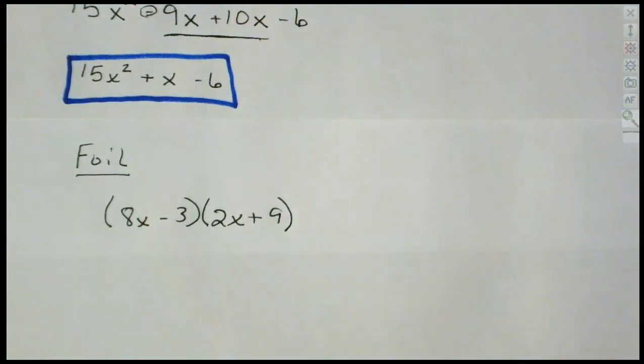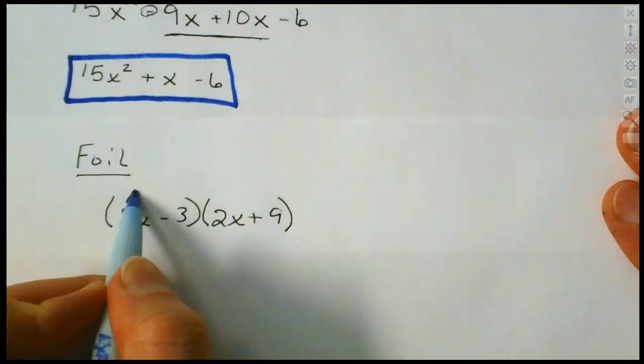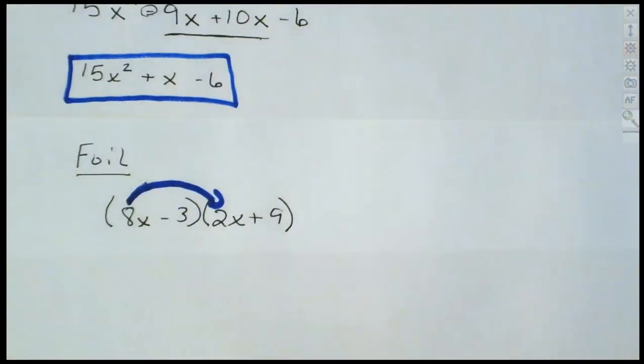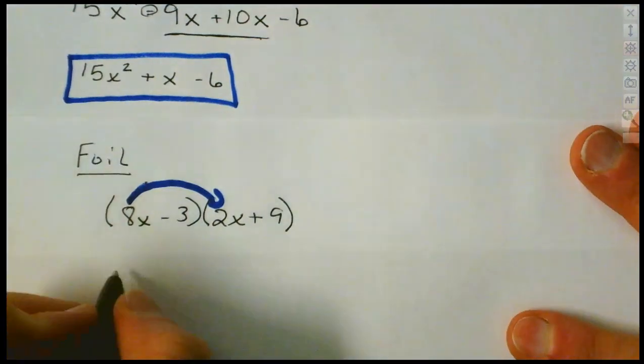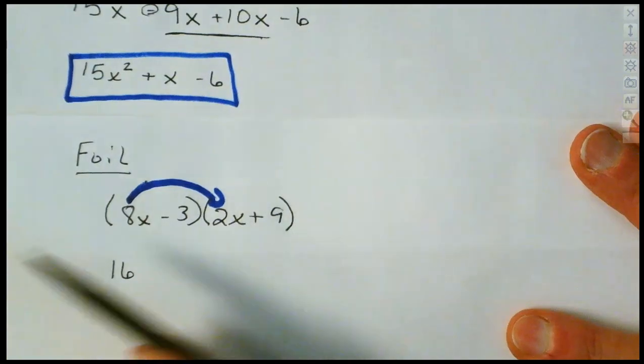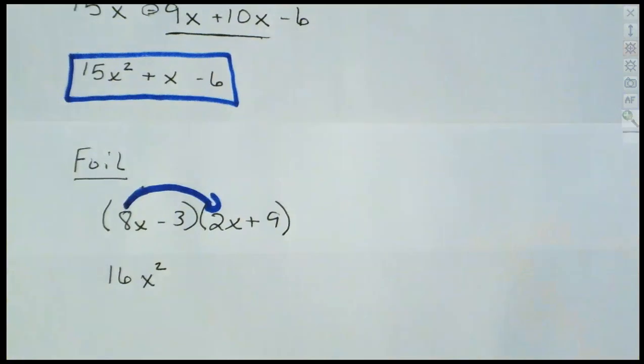Draw the arrows. That way we don't miss anything. So we need the first times the first. So first times the first would be right here. 8 times 2 makes it 16. x and x makes it x squared. Then we've got outside times the outside.